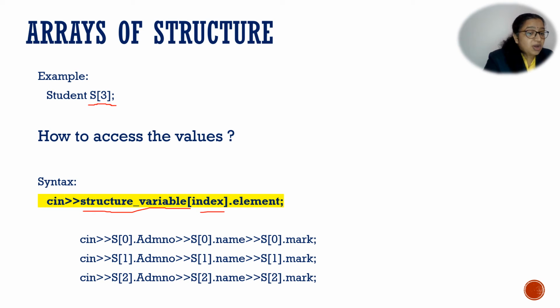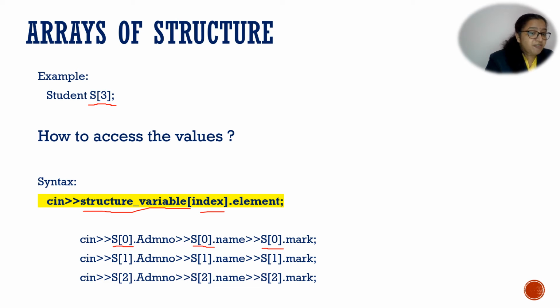cin >> s[0]. s[0] means the first student, first cell, index number 0. So the first student's admission number we are going to input: s[0].admission number. In the same row, s[0].name, then s[0].mark.